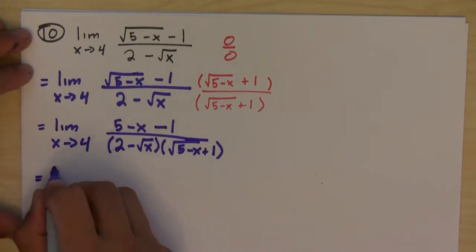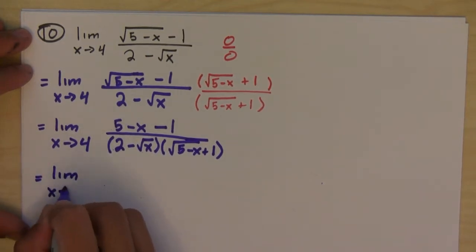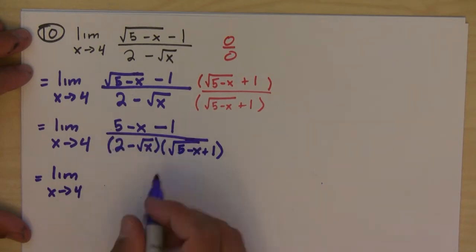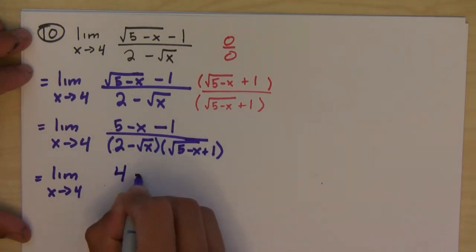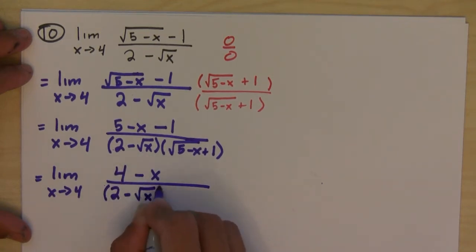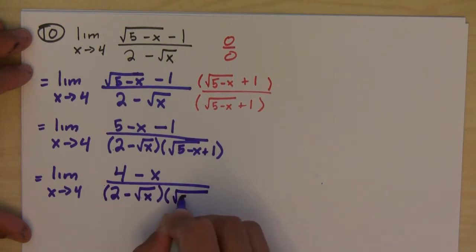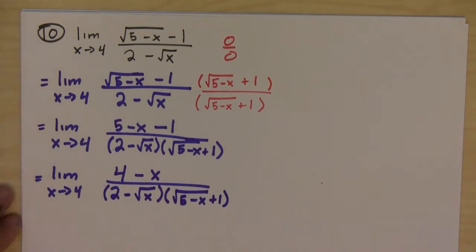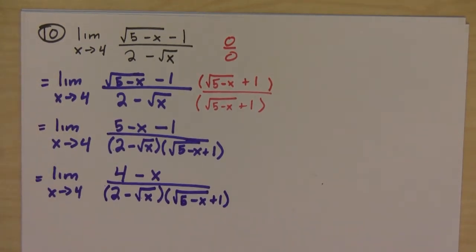Okay, and so here I get 5 minus 1, well this is 4 minus x over 2 minus square root of x times square root of 5 minus x plus 1. And here there doesn't seem to be at first glance something that I did. Notice that if I plug in 4, I would still get an indeterminate form.